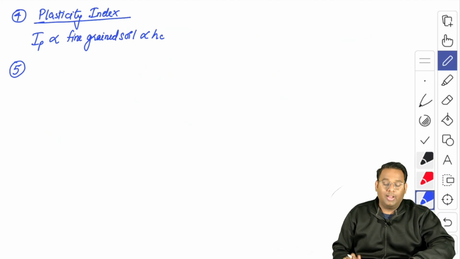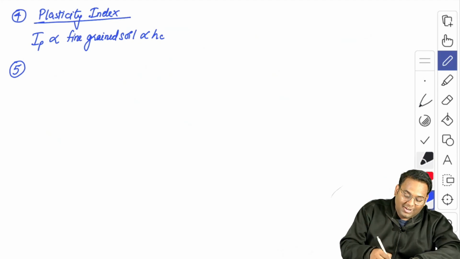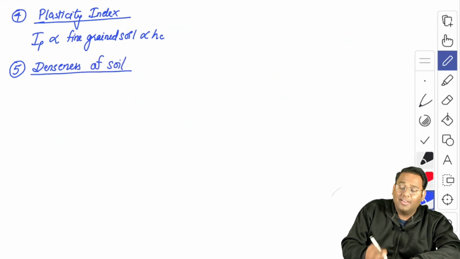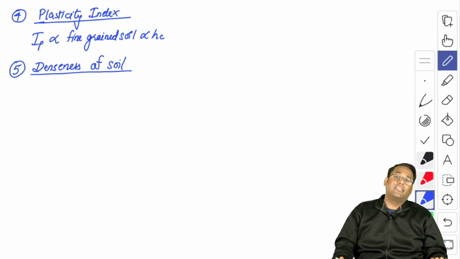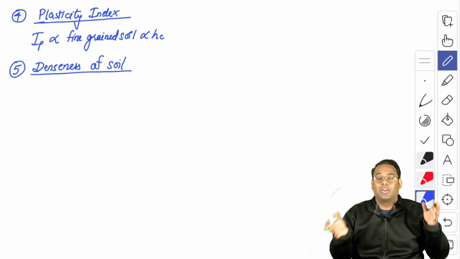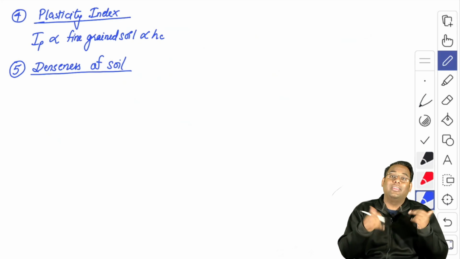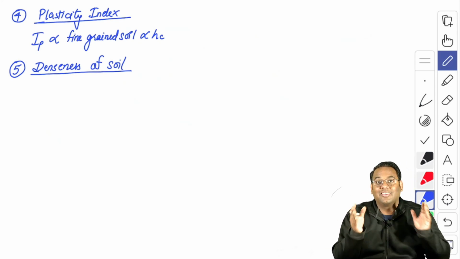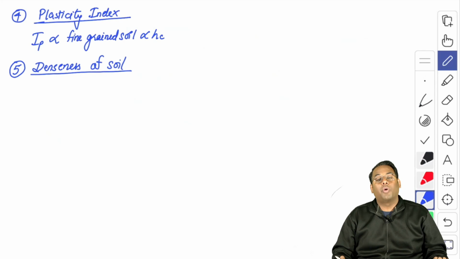Now move ahead to the fifth factor, and that is the denseness of a soil. Obviously, the same soil can be present in various states. Maybe it will be present in the loose state or intermediate state or in the dense state. If the soil is dense, then its size of voids will be smaller.